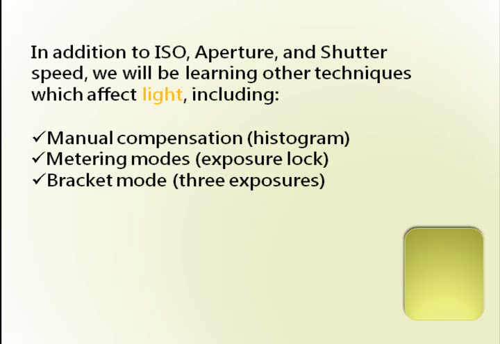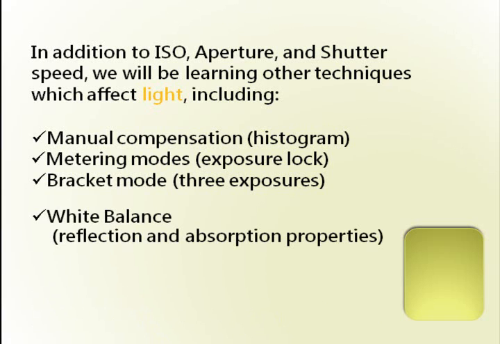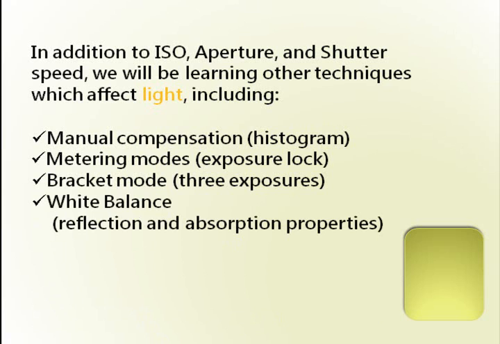And it takes 3 different types of exposures. And of course we'll get to that lesson. White balance is also important because there are other little factors in there other than ISO, aperture, and shutter speed, and one of the main ones is reflection and absorption properties, and that's going to come in play when we're setting the white balance.